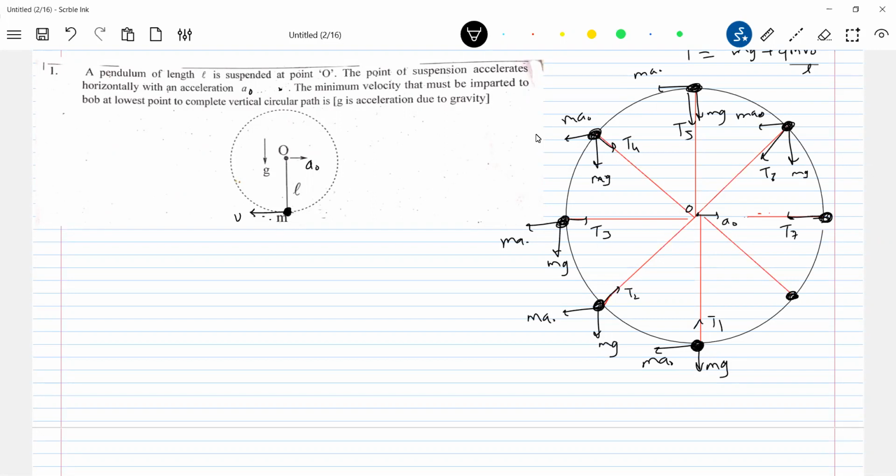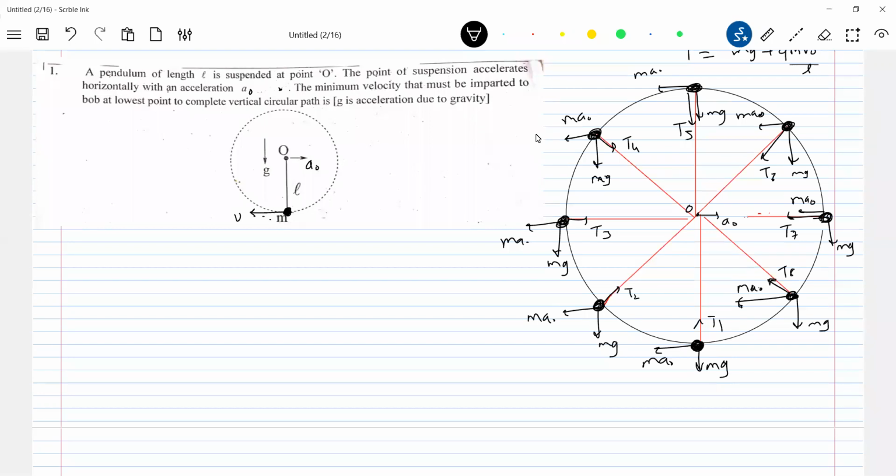This will be T7, ma naught, mg. T8 and mg, where the critical point can arise.